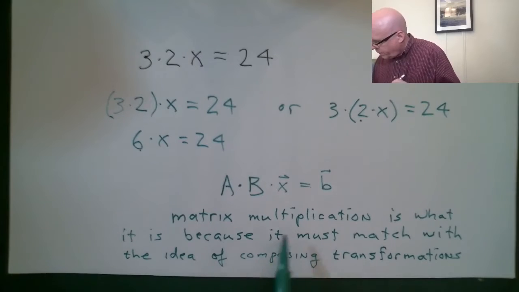Matrix multiplication is what it is, which is going to be a somewhat complicated thing, because the idea of the product of matrices has to match with the idea of composing 2 transformations.